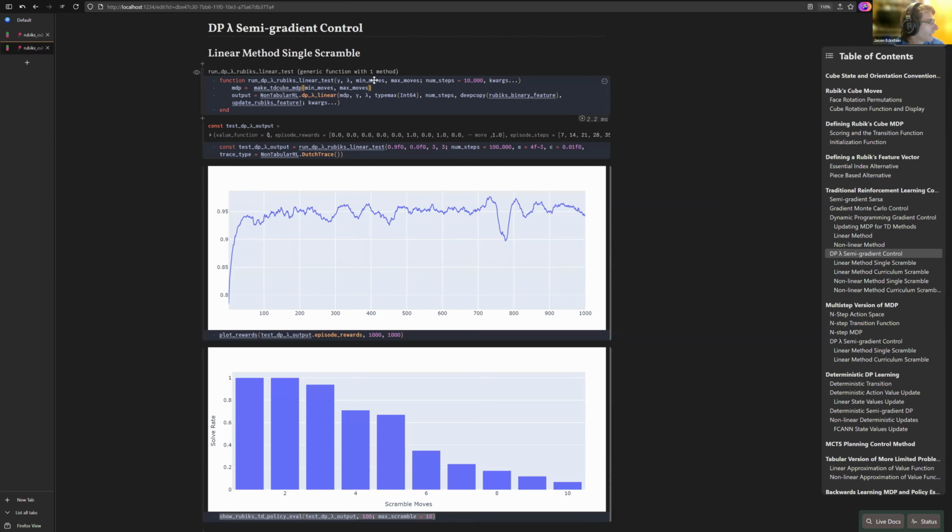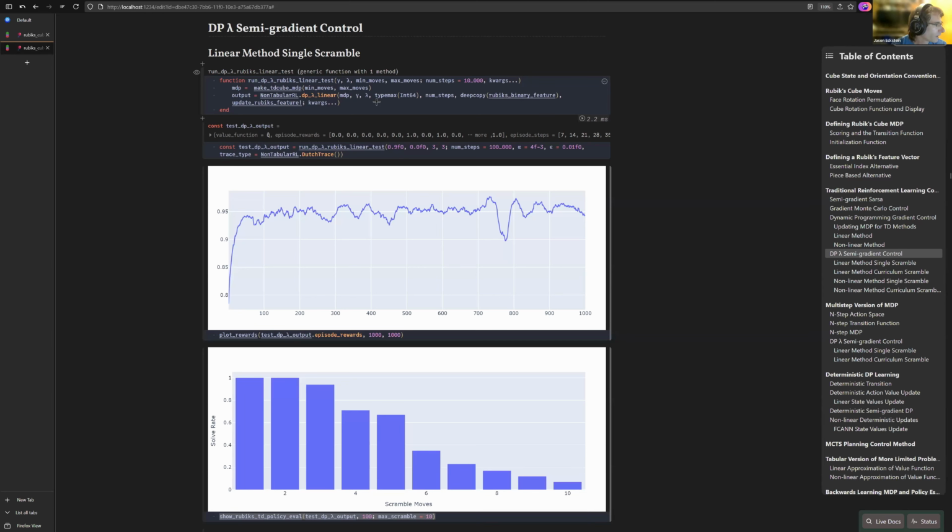So, right, we know that this is using linear approximation, and it's using this feature vector that is 2,304 features long, or that's the maximum index of a feature. Only 48 of them will be active at once. Luckily, there's a sparse representation of it that makes the computation go a lot faster.